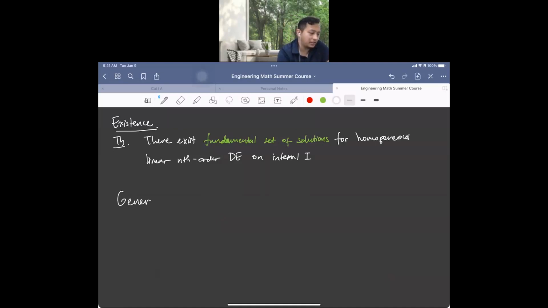And because we already know the linear independence and the fundamental set of solutions, then we can write down the general solutions for homogeneous equations.